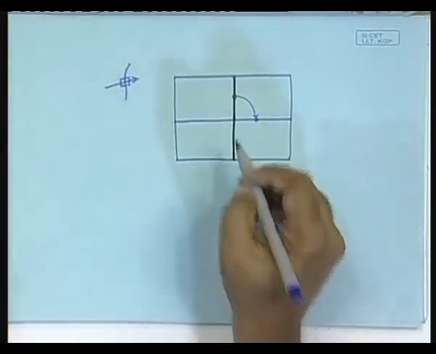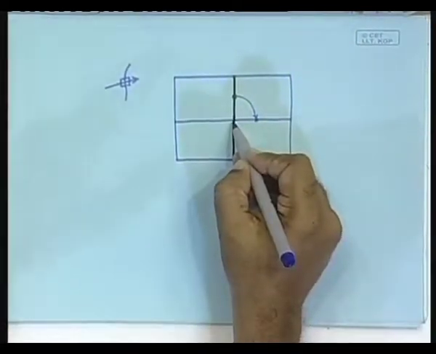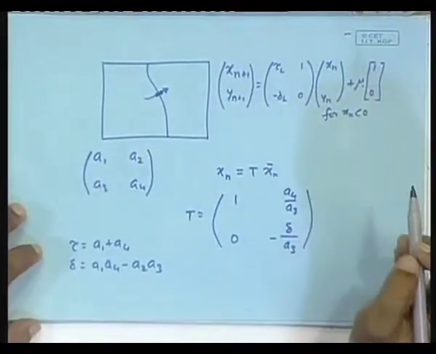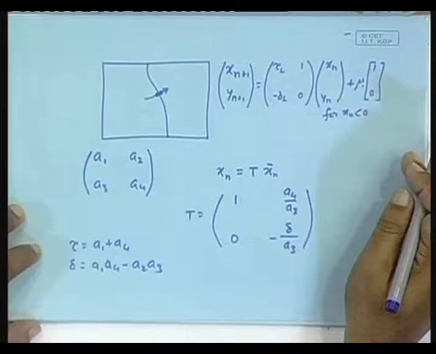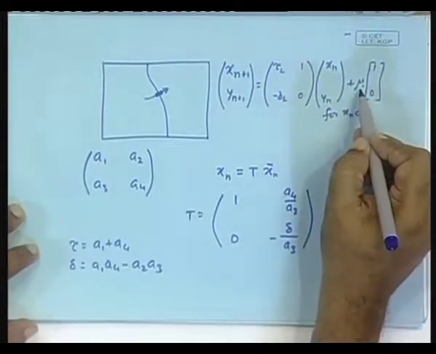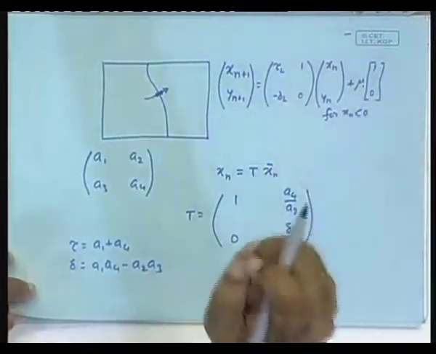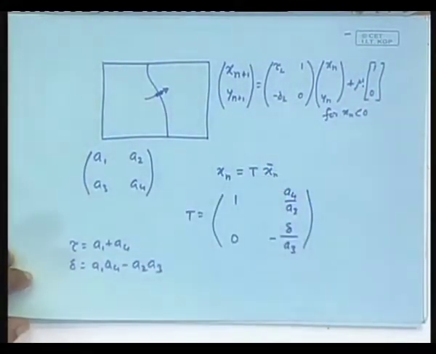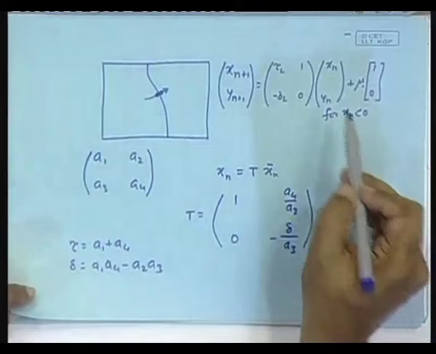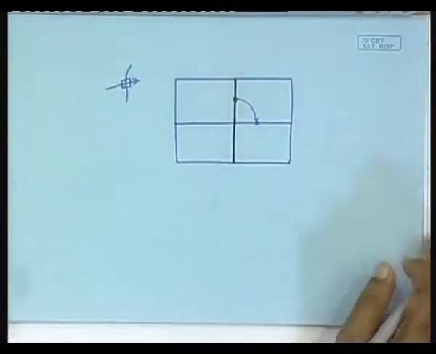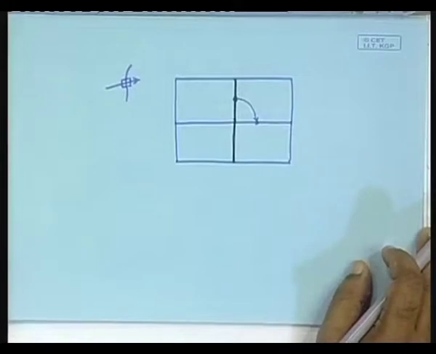Now, notice when you say 0 0 will map to itself, this is not exactly correct because of this term mu. So, only when mu is 0, 0 0 will map to 0 0. That means the fixed point is exactly located at the origin, else not. We will have to find the location of the fixed point in this case.